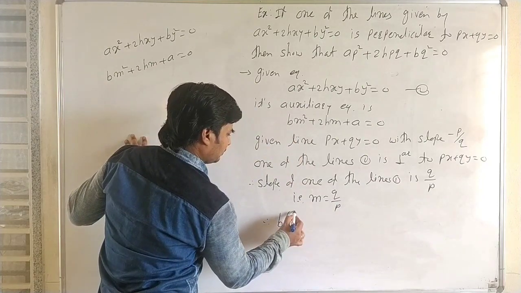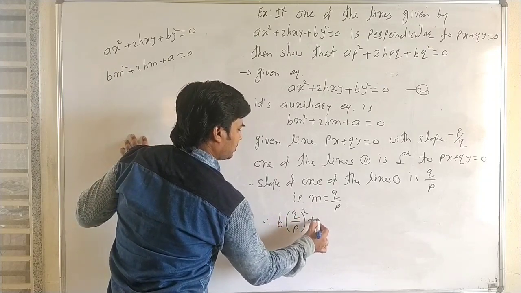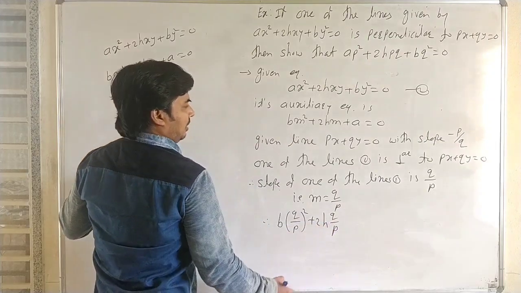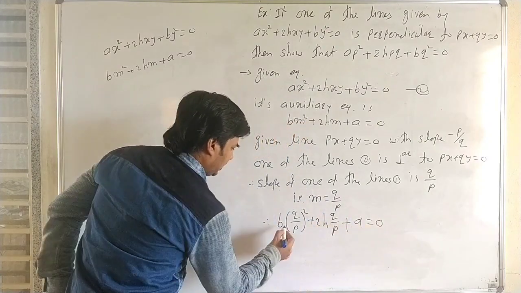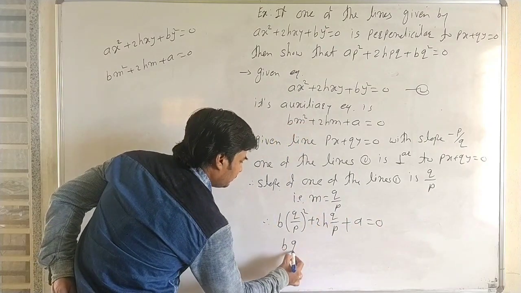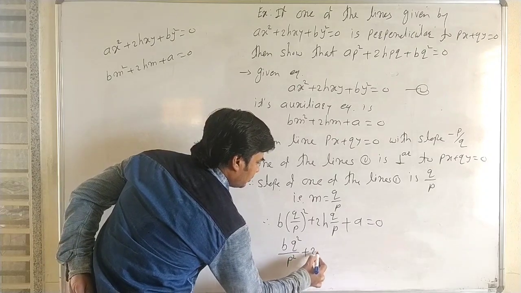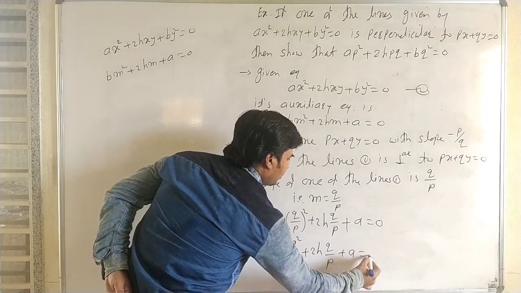b into q by p square plus 2h q by p plus a is equal to 0. Then it is b into q square by p square plus 2h q by p plus a is equal to 0.